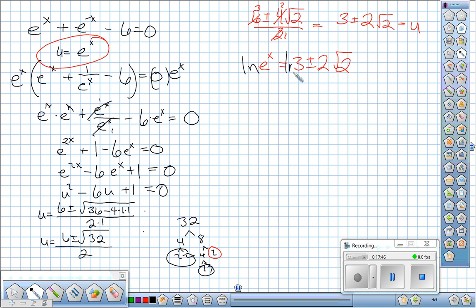So I take the natural log of this stuff. And then when I take the natural log of e, I'm just going to be left with x equals the natural log of 3 plus 2 square roots of 2. And then I'll separately have to do the natural log of 3 minus 2 square roots of 2. So I will get those two answers when I do this.